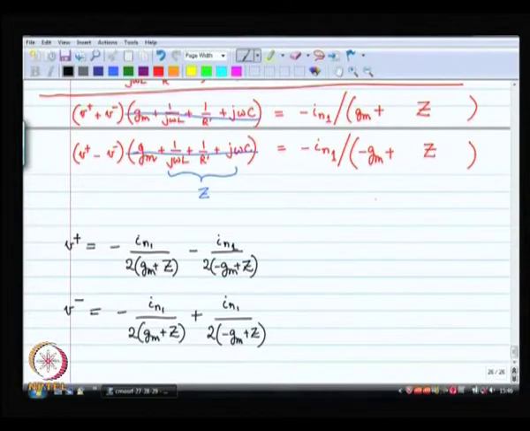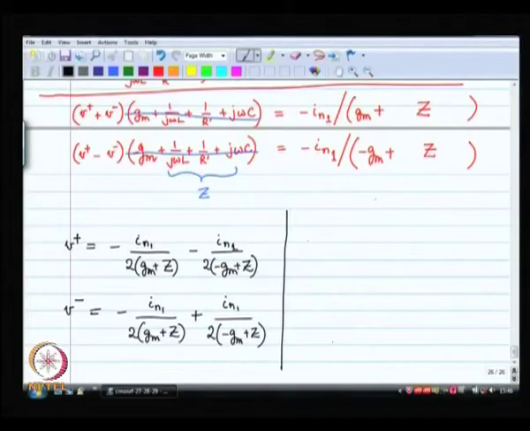Now, because of noise source number 2, I will get basically a flip of signs. I will basically get more or less the same thing, just that this addition and subtraction will now become different.